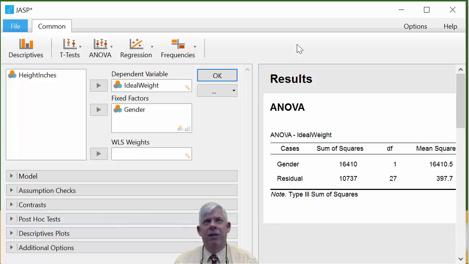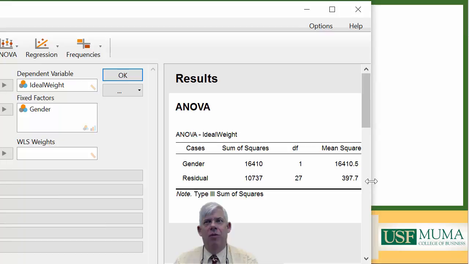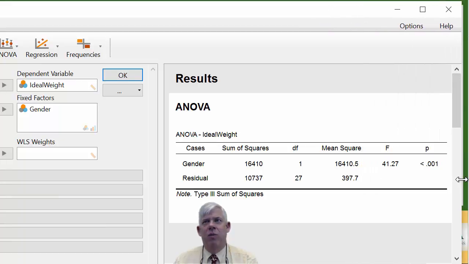And if we take a look here, I'm going to have to expand this a little bit. I'll come over here. And what we see, once again, is we look for that p-value less than 0.001. And what it's telling me is that gender does, in fact, predict a difference in ideal weight, or a difference in ideal weight is associated when you separate it up into male and female blocks.